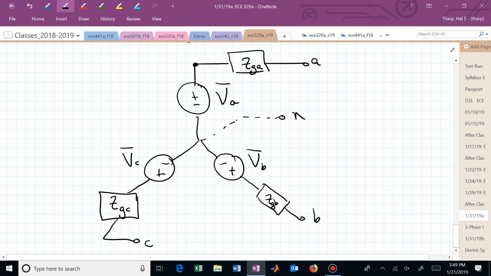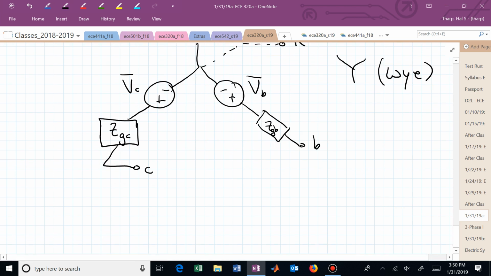This point, if we need to identify it, might be A prime, but we won't be able to access that impedance of our generator, as it's inside the terminals. Now if you have this three-phase generator, you can access A, B, and C. Those are the generator terminals at the source. And this is the Y configuration. That's one of the two possibilities.